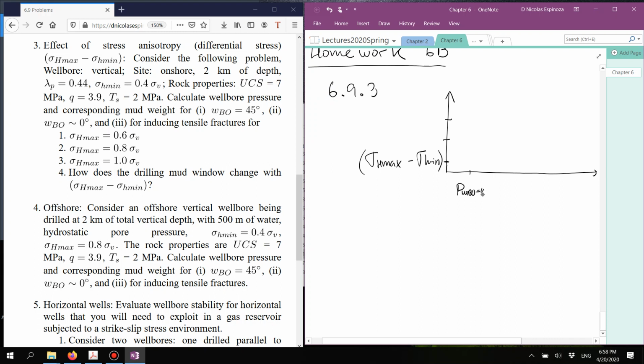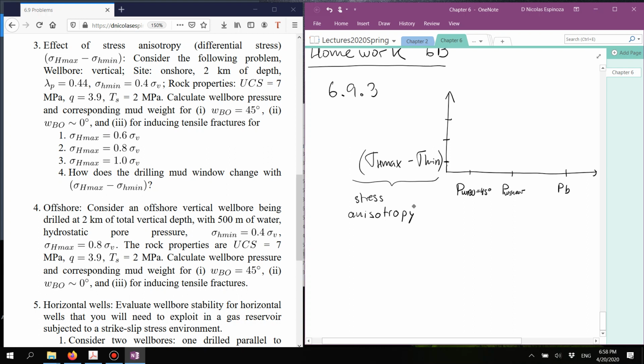I'm also asking for PW0, or PW shear as I call it in my notes, and the value of PV, for 3 different cases of stress anisotropy. The main message from this problem is to put in numbers what is the effect of stress anisotropy.